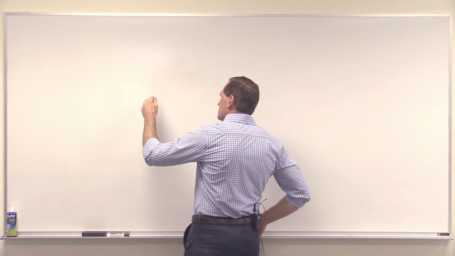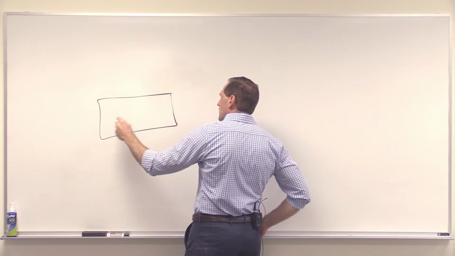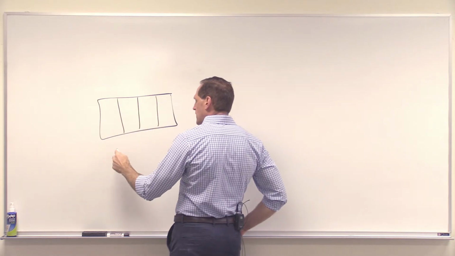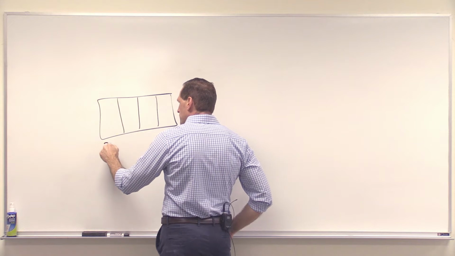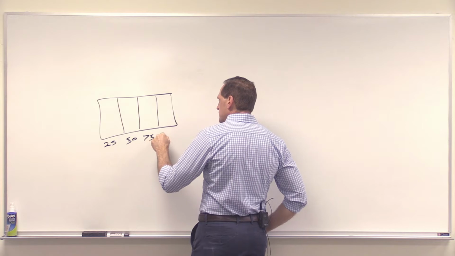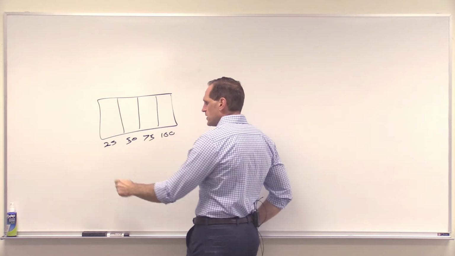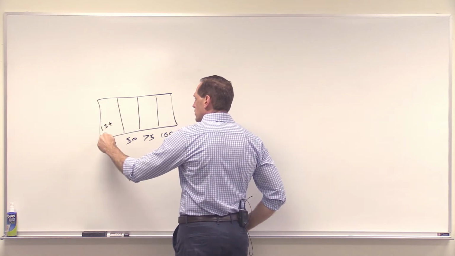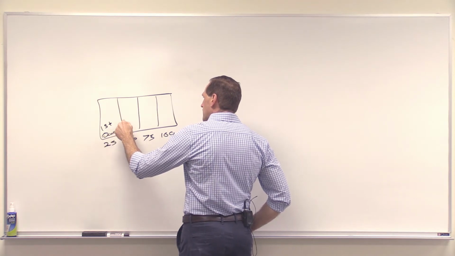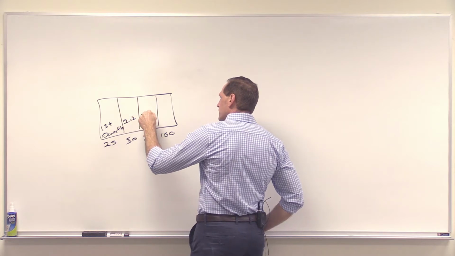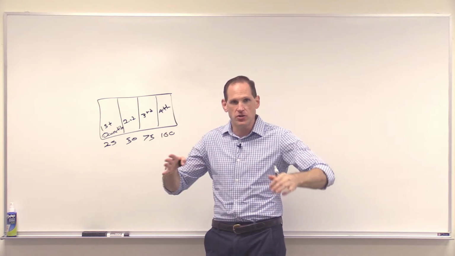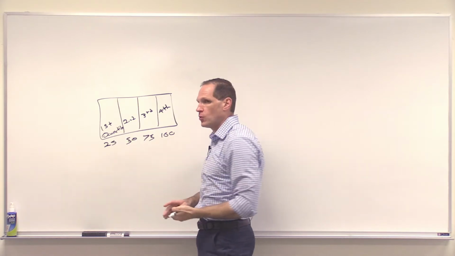If you take 100% of your data and you break it up into half, and then each of those halves into half, what you end up with is the bottom 25%, then the bottom 50%, the bottom 75%, and the bottom 100%. So this would be called the first quartile, the second quartile, the third, and the fourth. So you're taking numerical data and you're breaking it up into quartiles.